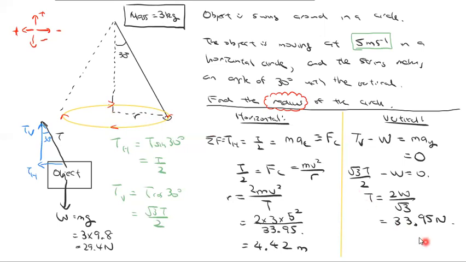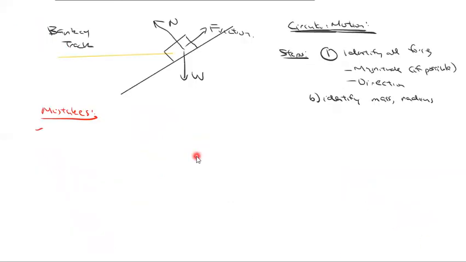You need to actually find the radius. So the radius is not equal to the length of the string, unless it's horizontal, right? You get what I'm saying. You can't assume it's the length of the string. You need to think about the situation, right? So that's one common mistake you might find there.